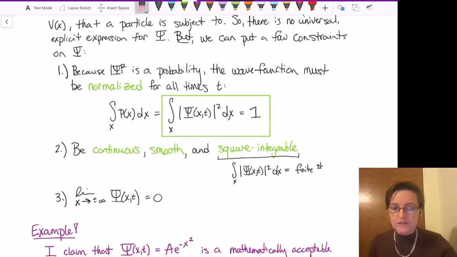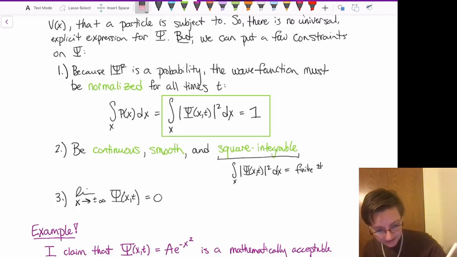And then last but not least, wave functions are required to decay to 0 as we get very, very far away. That's probably not intuitive, but it's nonetheless true. And so I've written statement 3 in mathematical formalism by saying the limit as x approaches either positive infinity or negative infinity of this function should go to 0.